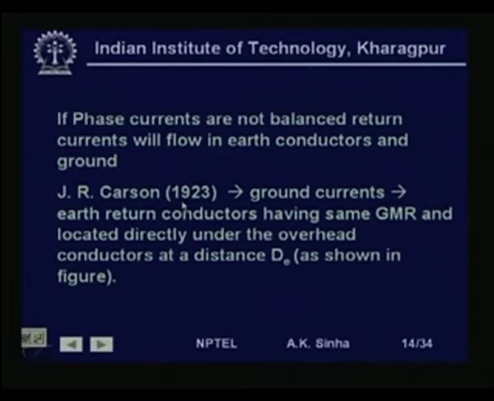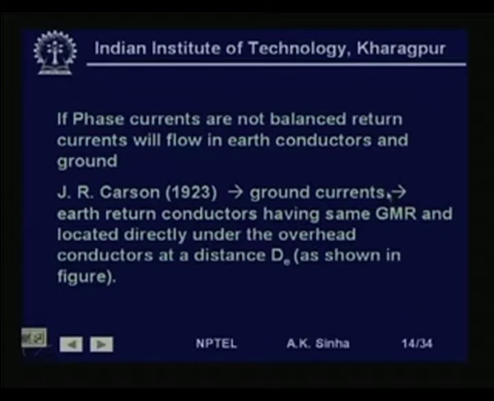Now, it was J.R. Carson in 1923 who proposed how to take care of these ground currents in the transmission system. He was the first person to model these ground currents into the system.